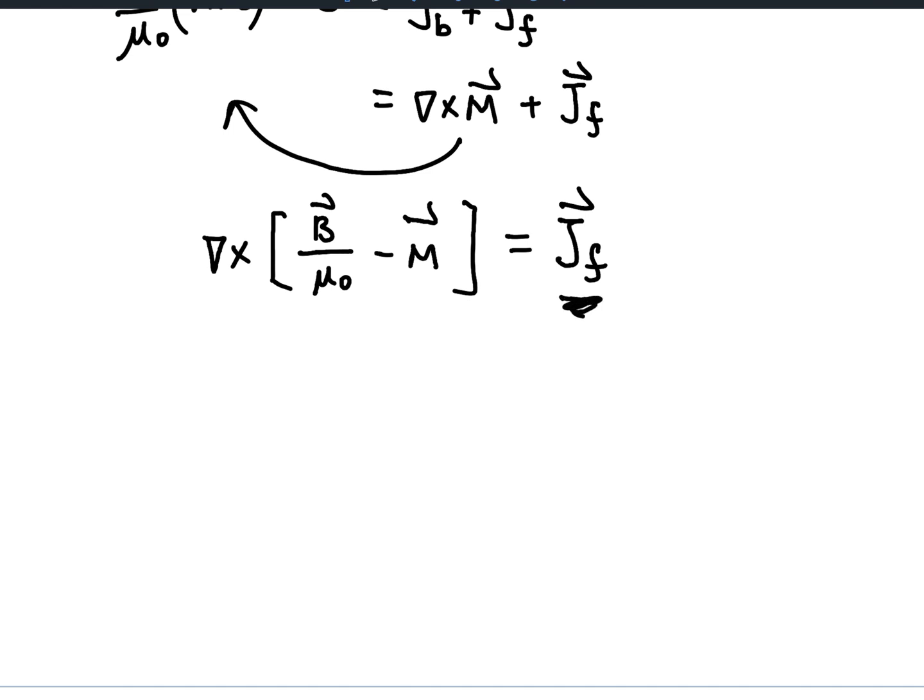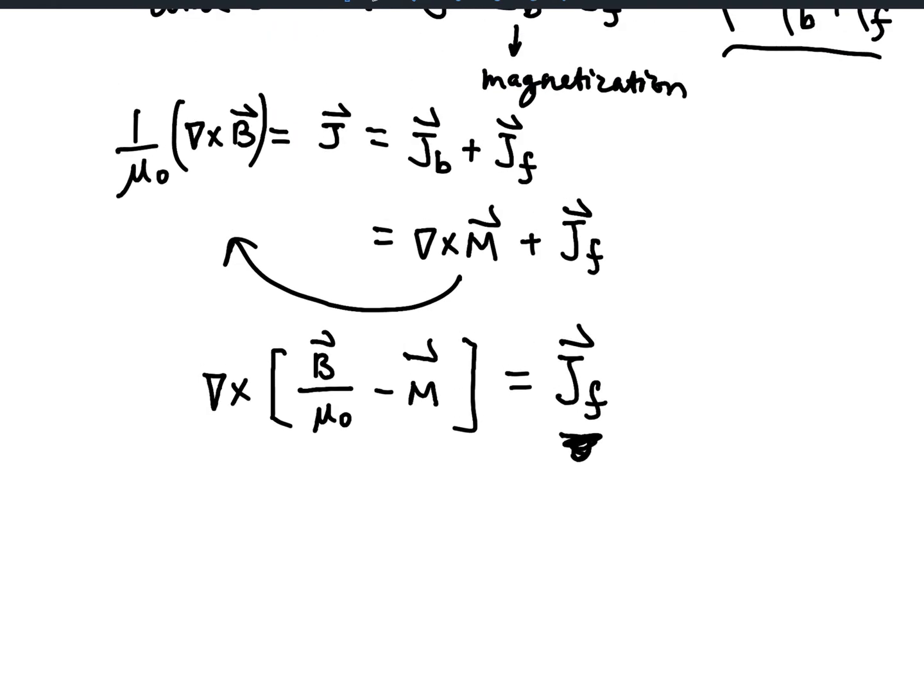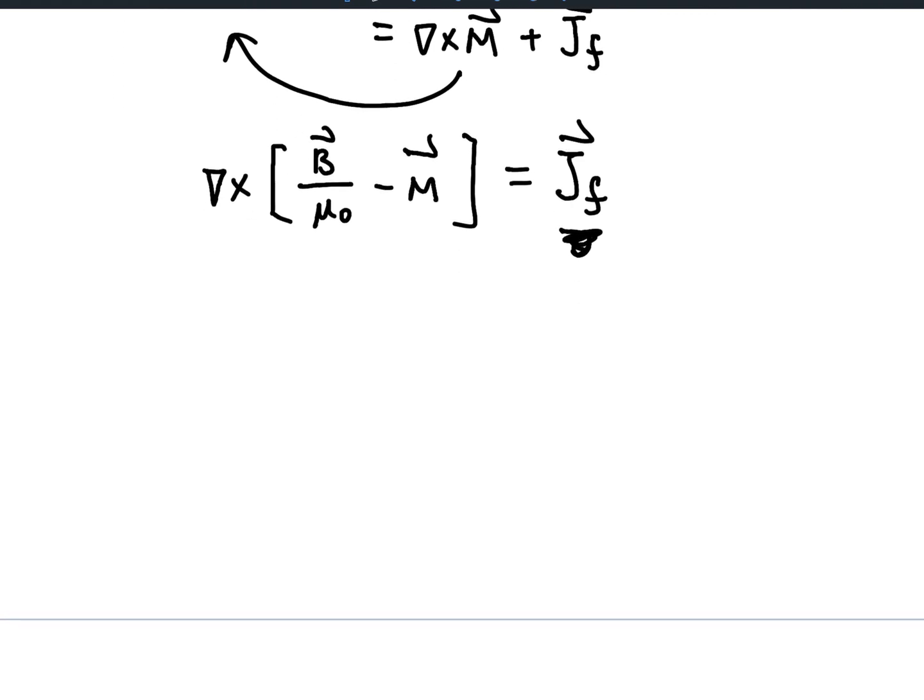The reason we want to do this is because free currents we can often easily control, while bound currents are often difficult for us to control. When we apply some magnetic field, whatever magnetization that object has, it will form.